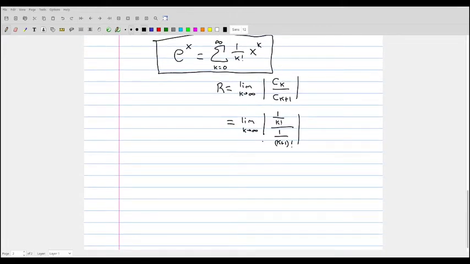These are both positive, so the absolute value here doesn't really matter. This is the limit as k goes to infinity of k plus 1 factorial over k factorial.